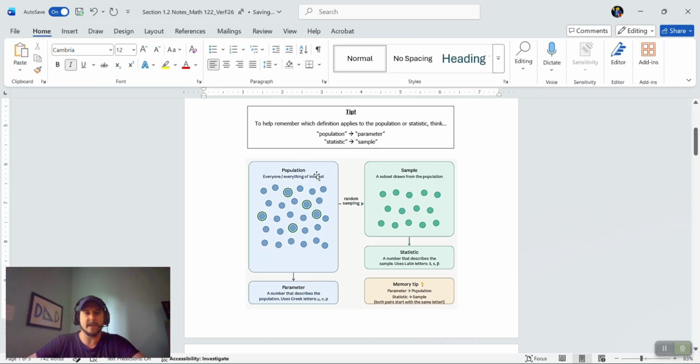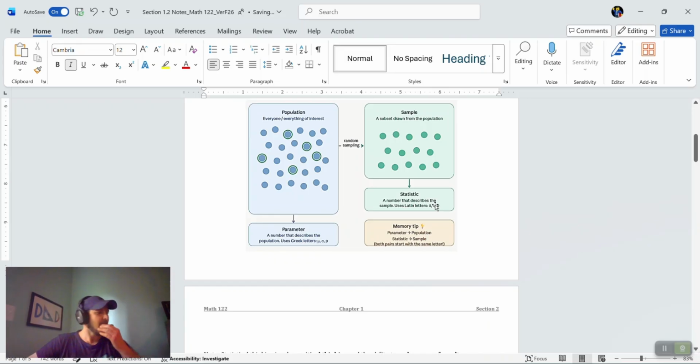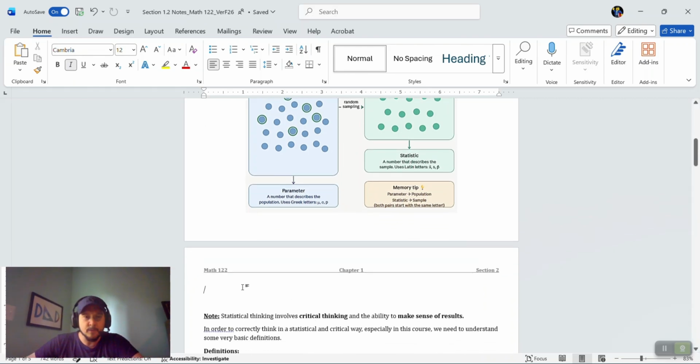Maybe write down that the whole collection of dots right here is similar to the elephant, whereas this right here are the blind men's observations. So that's the first part of this section of notes, and we're going to do an official example.